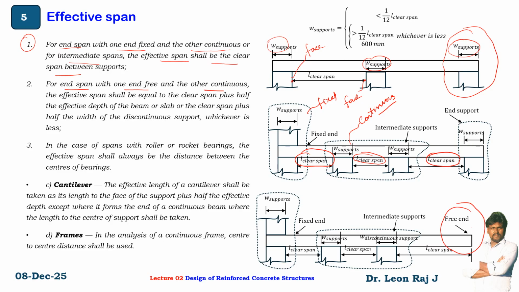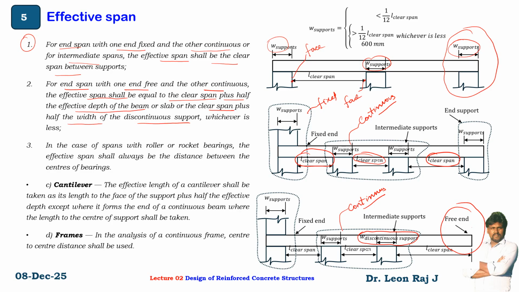The effective span shall be equal to the clear span plus half of the effective depth of the beam or slab, or the clear span plus half of the width of the discontinuous support. This is the width of the discontinuous support.